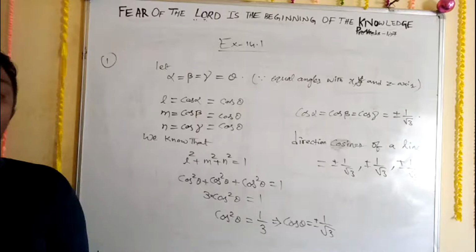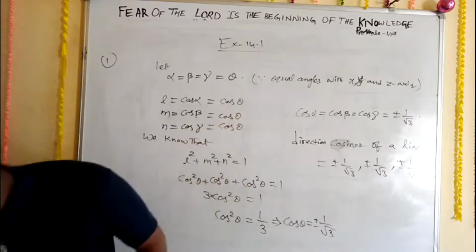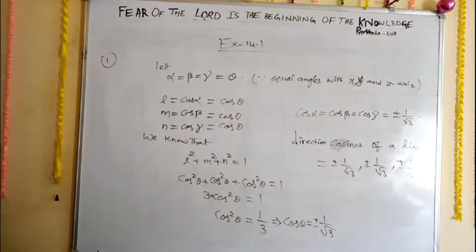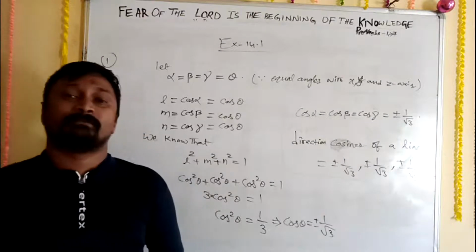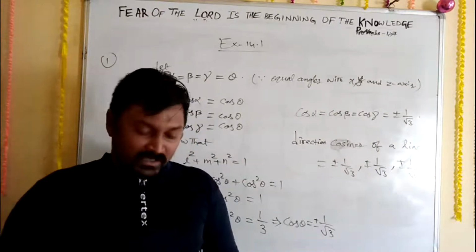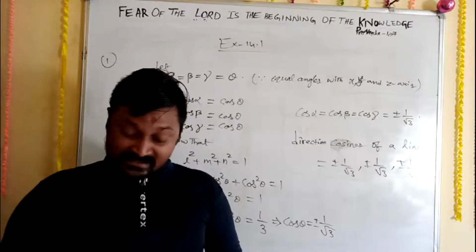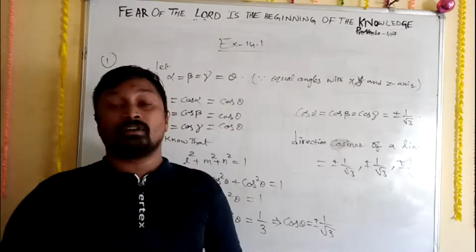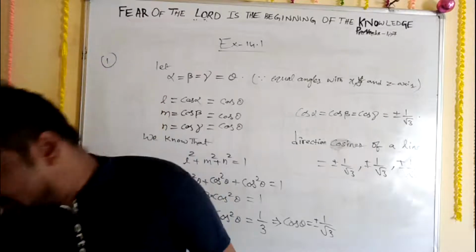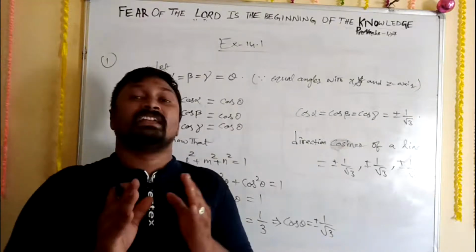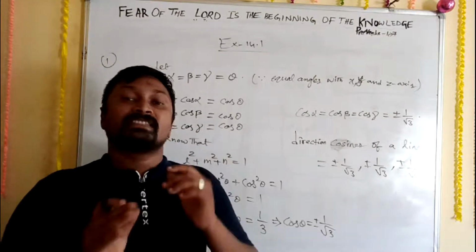Listen once again, I will explain clearly. Once again we'll discuss this exercise number 14.1. First question, find the direction cosines of a line which makes equal angles with the coordinate axes.